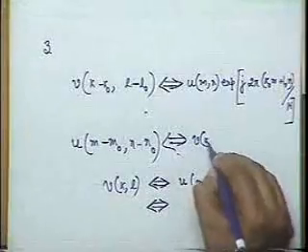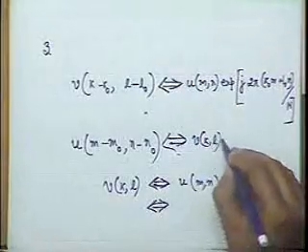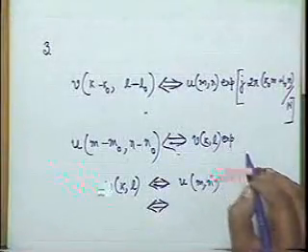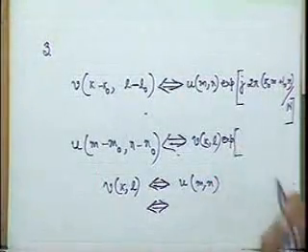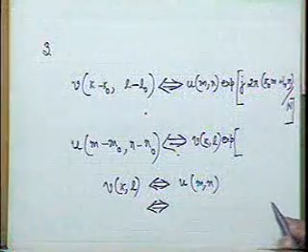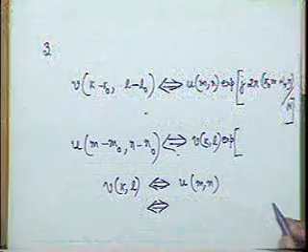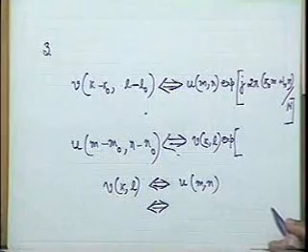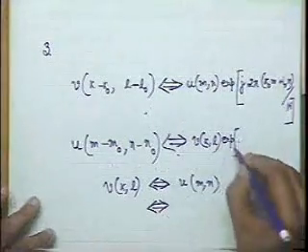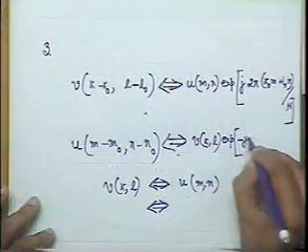It is v(k,l) exponential to the power minus j 2 pi (k m0 plus l n0) divided by N. In this case it becomes minus because the transformation matrix elements become complex conjugate.